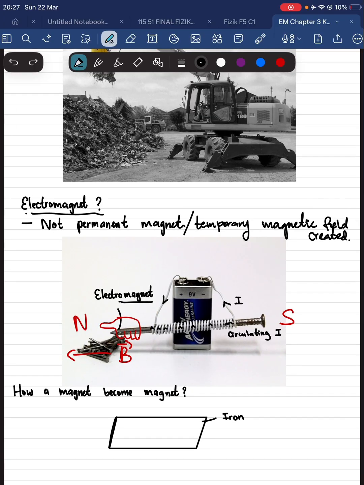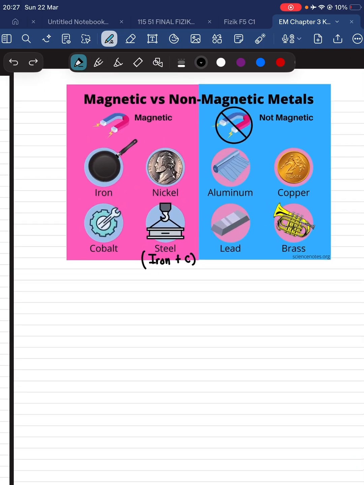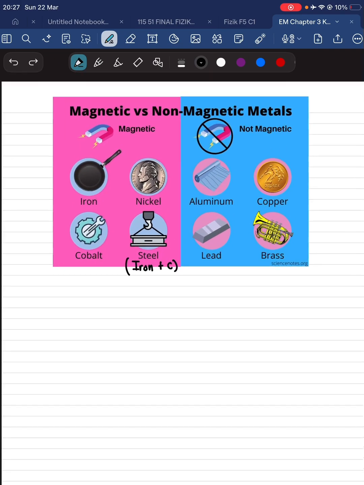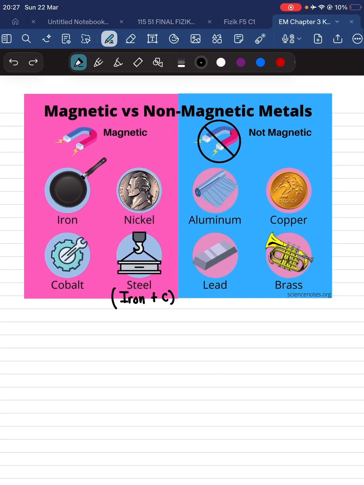Okay, the question is how a magnet really becomes a magnet. We just discovered that the electron is the major contribution to magnetism, right? So let's see, magnetic versus non-magnetic metals. These are the metals which are attracted to a magnet. The first row you can see is iron, nickel, cobalt, and steel.